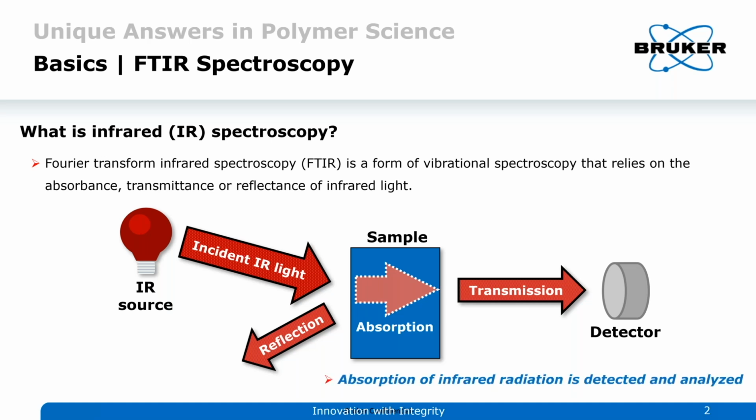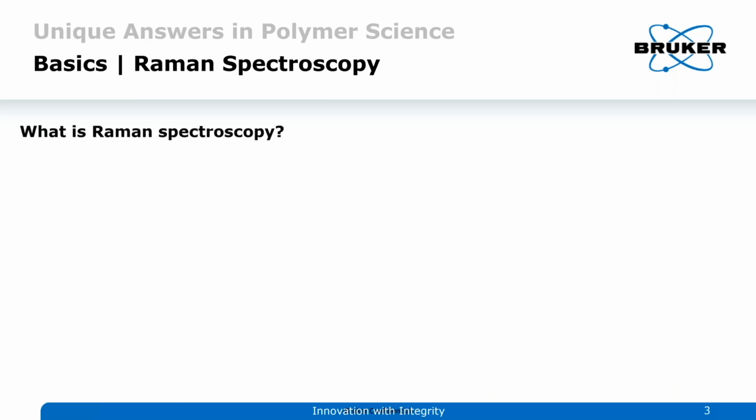This is a very simple representation, but the instruments are fairly straightforward. We use a Fourier transform infrared spectrometer rather than a dispersive-based spectrometer, and that has to do with the detectors. The detectors in this regime tend to have fixed noise floors, which means you're better off collecting all the light at once rather than one wavelength at a time. So just a small note.